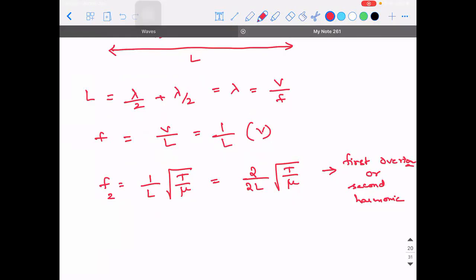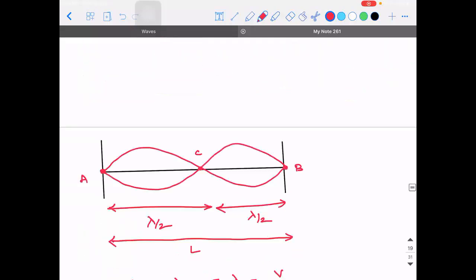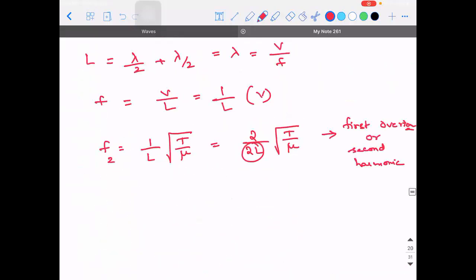Sir, did you multiply 2 on numerator and denominator, sir? Yes, I did it because I wanted 2L in the denominator, so that it will be a common formula. I can write the general equation at the end. So F2 is called the first overtone or second harmonic.